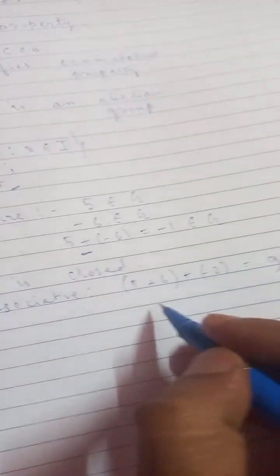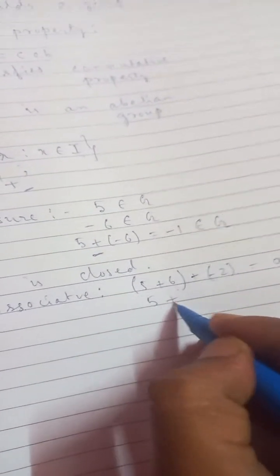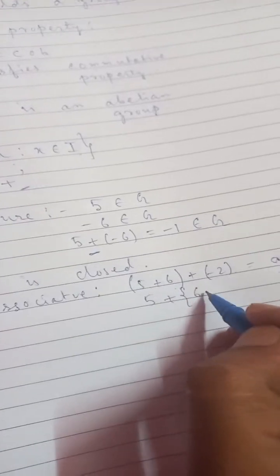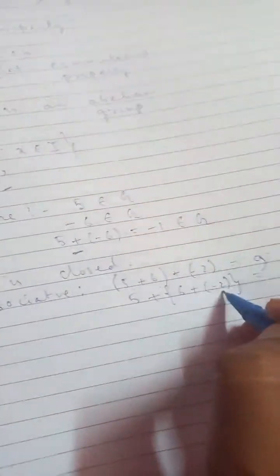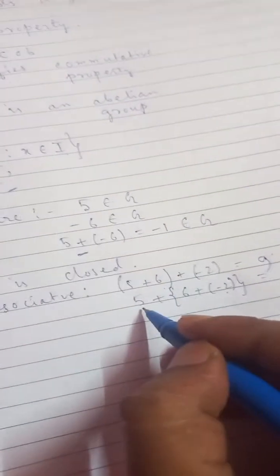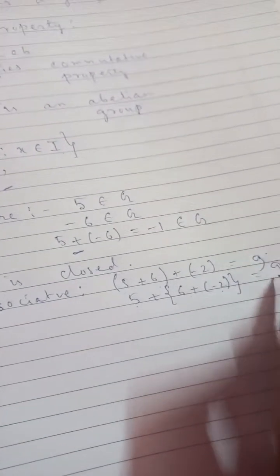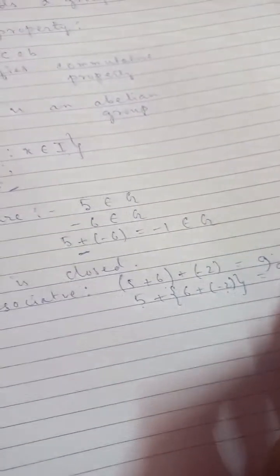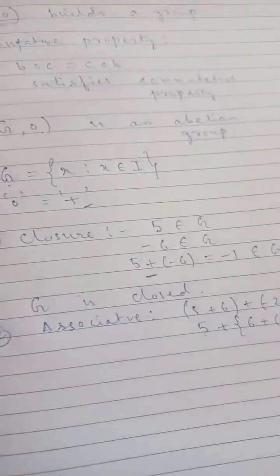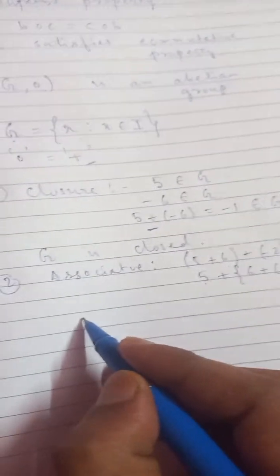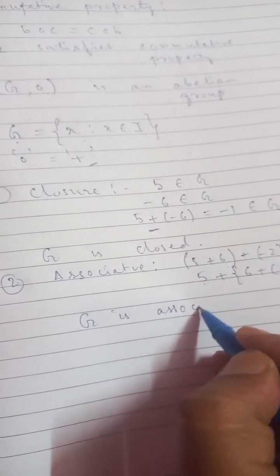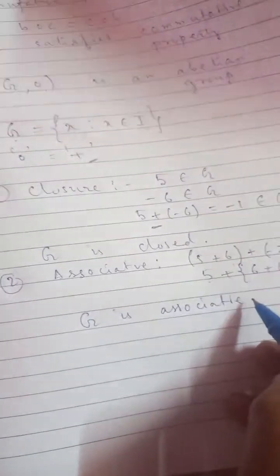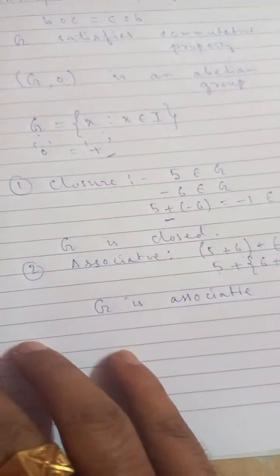And if we take 5 plus, in brackets, 6 plus minus 2, it will be 6 minus 2 is equal to 4, plus 5 is equal to 9. In this way, if we verify another example, taking other elements from the set G, we will find that G is associative. So the second property it satisfies.